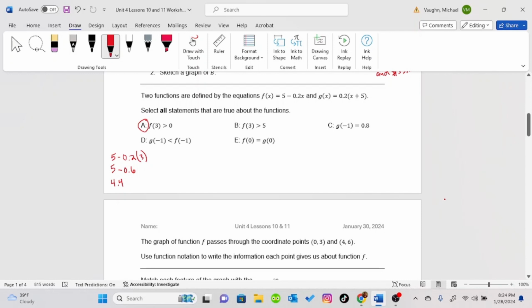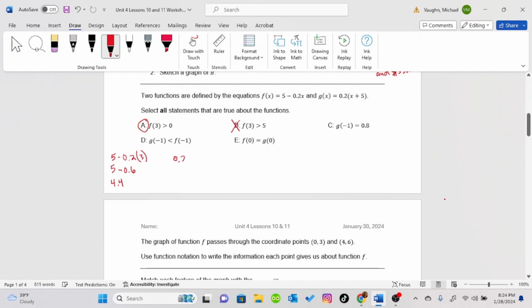B says f of 3 is greater than 5. Well, we just found f of 3 and said it was 4.4. 4.4 is not greater than 5, so B is not a correct answer. C says g of negative 1 equals 0.8. So we can take negative 1 and substitute it in for x.